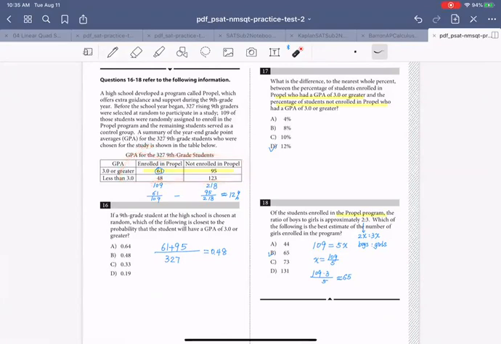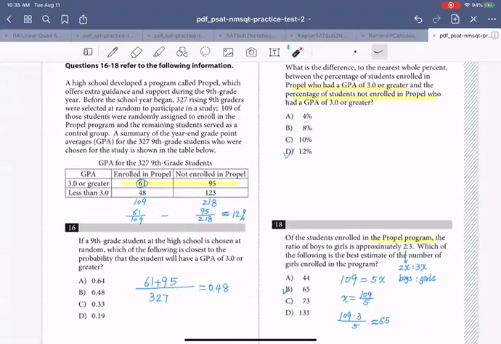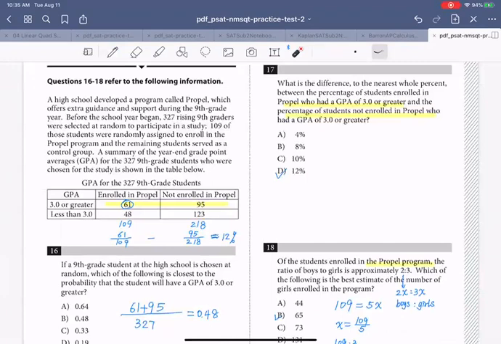So how do we read this question quickly without wasting too much time? When you read at the beginning, you can scan quickly. This first sentence you can quickly pass. Next sentence, before the school year begins, 327. Now you know this number is important.